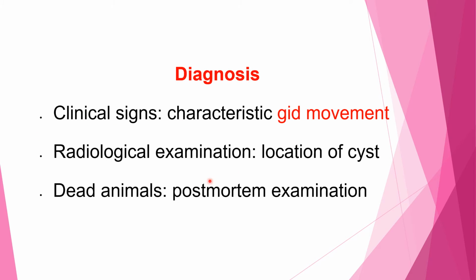Radiological examination helps in locating the presence of the cyst, in which part of the brain it is. In dead animals, the diagnosis is made after postmortem examination, that is, presence of cyst in the brain or spinal cord.